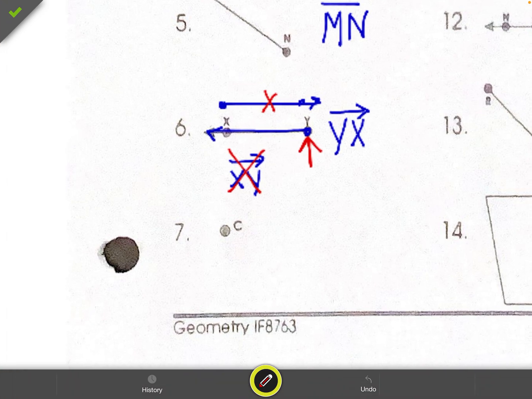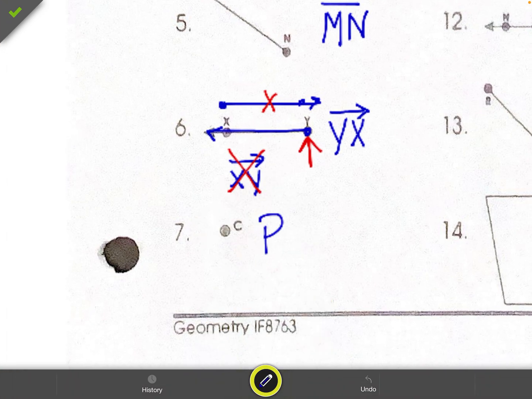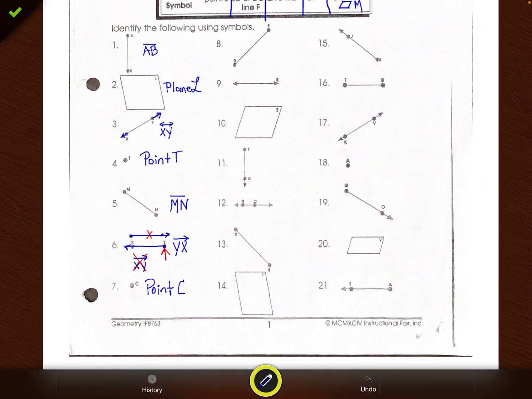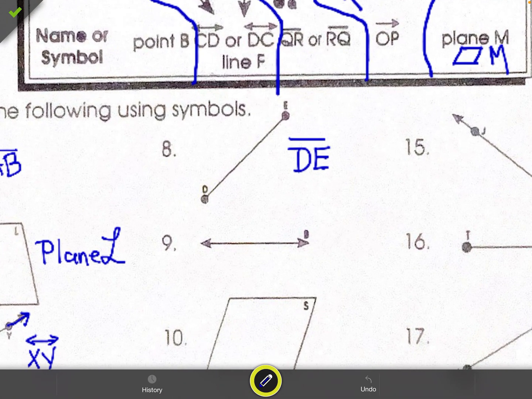Number 7, oh look, another point. We like points. Points aren't hard to identify. So point C. Back up to number 8. Again, it starts, it stops, segment DE. Number 9, I pay attention to the arrows. They're going to continue in both directions.